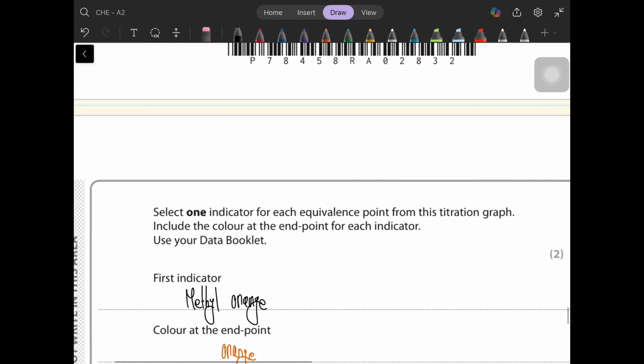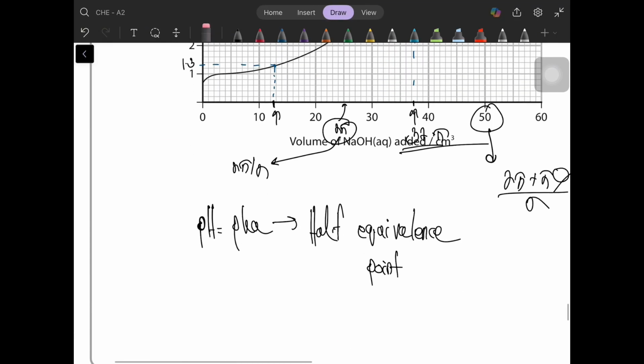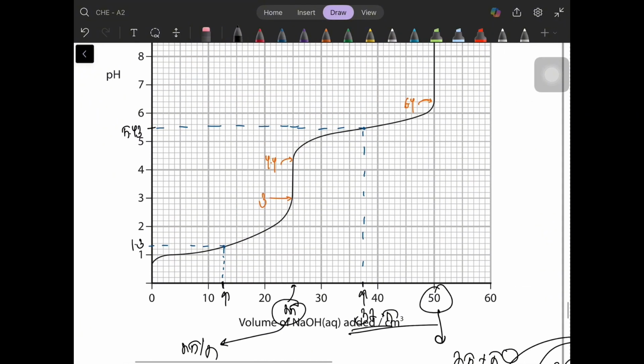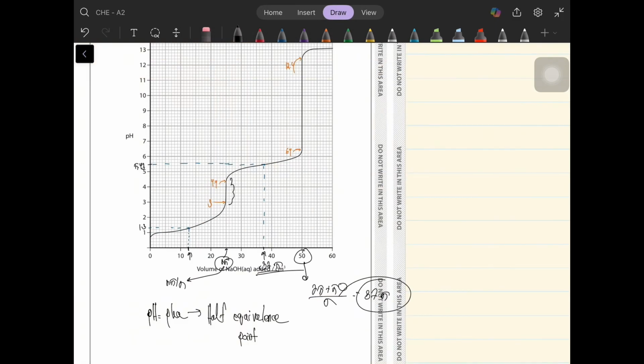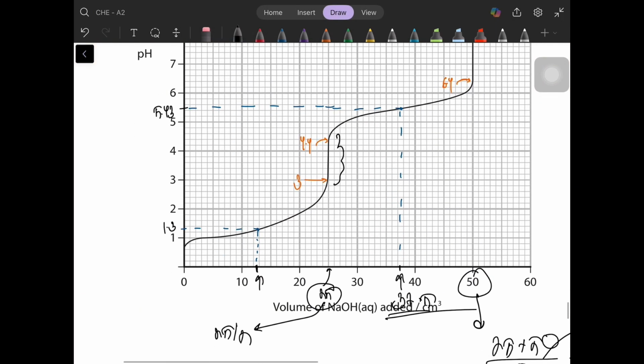Okay, select one indicator for each of the equivalence points, include the color at the end of the indicator. Right? So basically over here you have to use your data booklet, and for this one the steep section is from 3 to 4.4, right? And methyl orange would be a good fit for this.